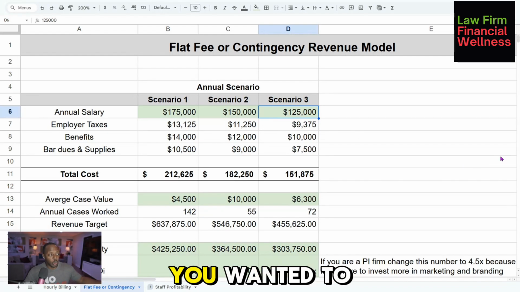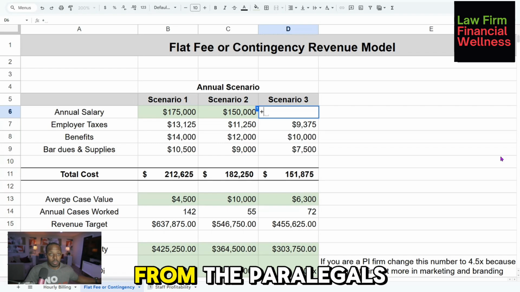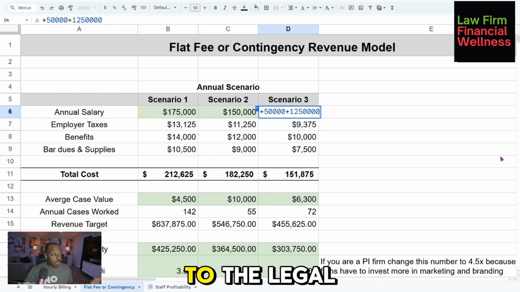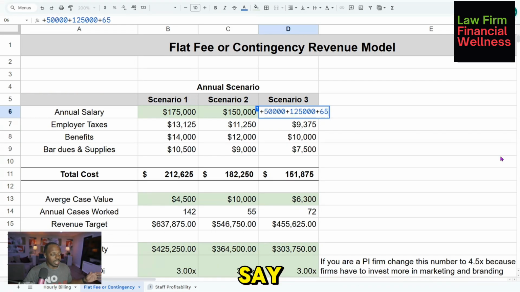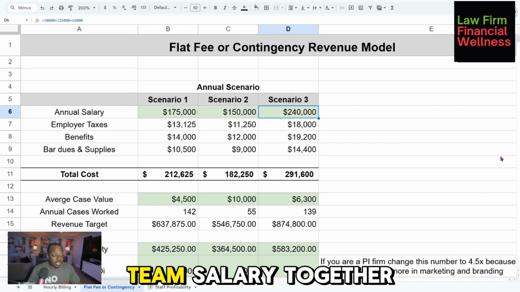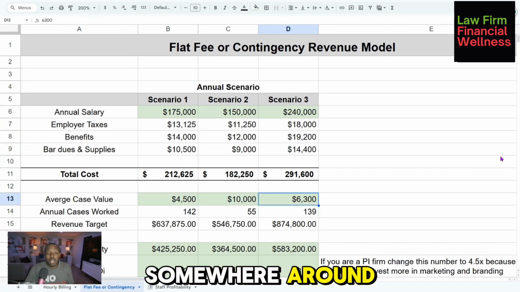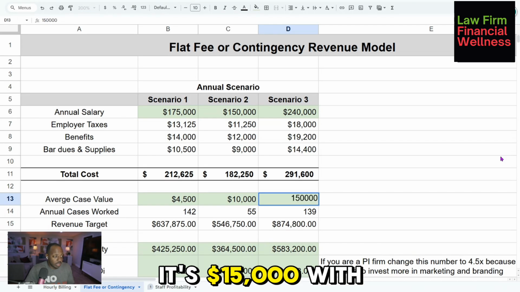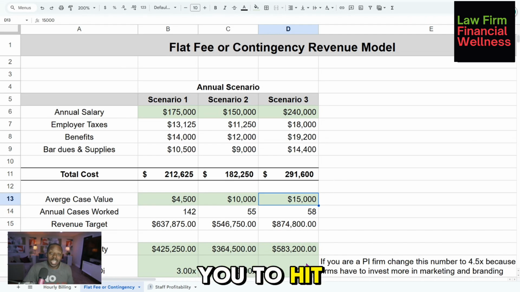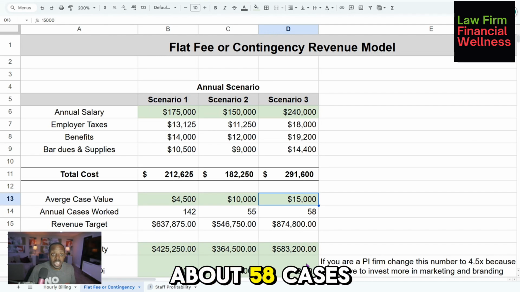Let's say from the paralegals to the attorneys to the legal assistants, we added everyone on the legal team's salary together, and our average case value is usually somewhere around, let's say, $15,000. Well, if your average case is around $15,000, in order for you to hit 3 times what your entire staff costs, you're going to need about 58 cases.